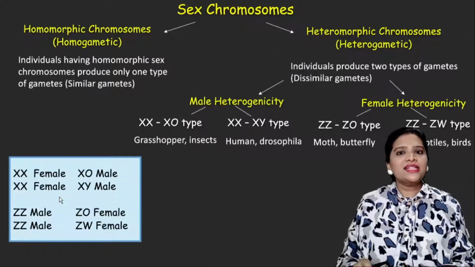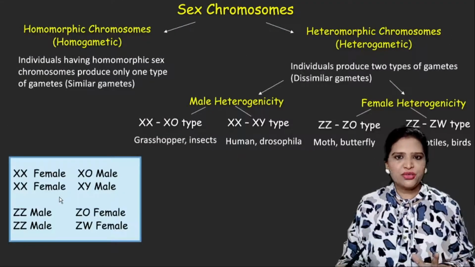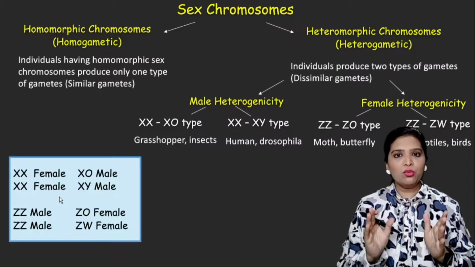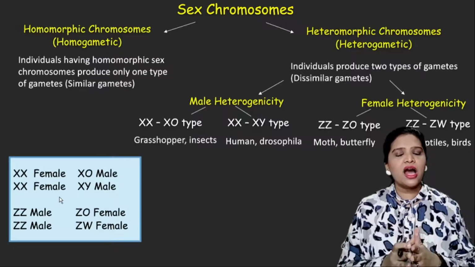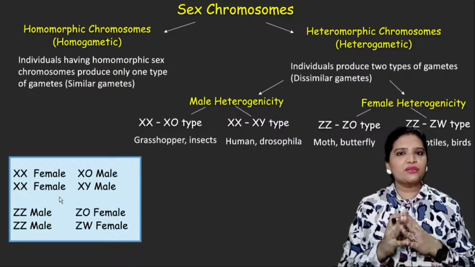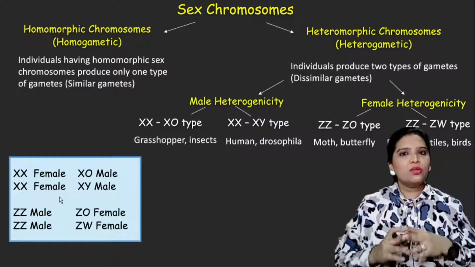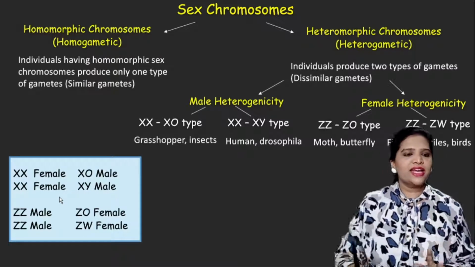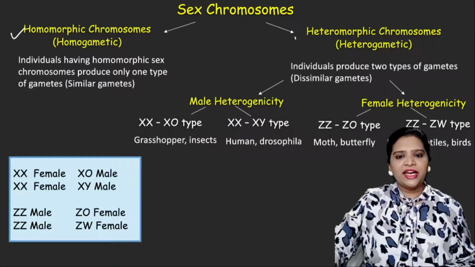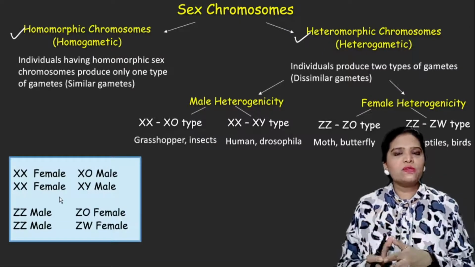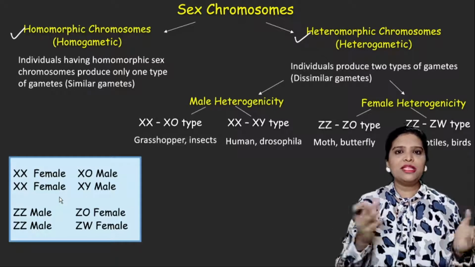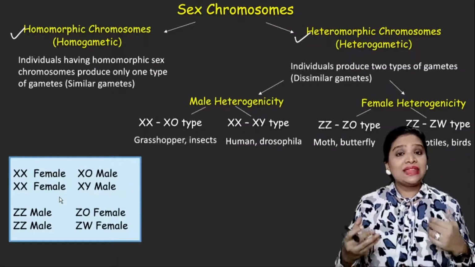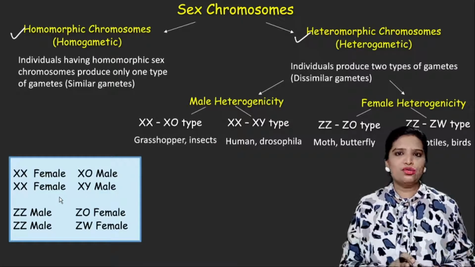Now let us recap what we have studied so far in this lecture. We have seen what sex chromosomes are. Sex chromosomes are the chromosomes which determine the sex of organisms. Sex chromosomes can be classified into two broad categories, homomorphic and heteromorphic. Homomorphic means externally they look the same. Both the male and the female chromosomes look the same, and the gametes produced by them also look the same.